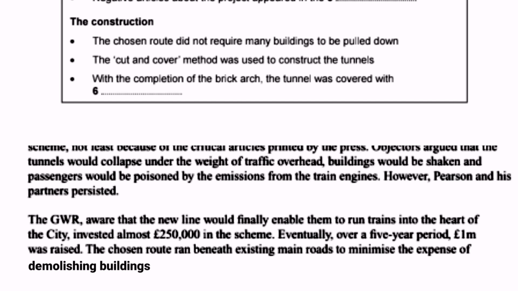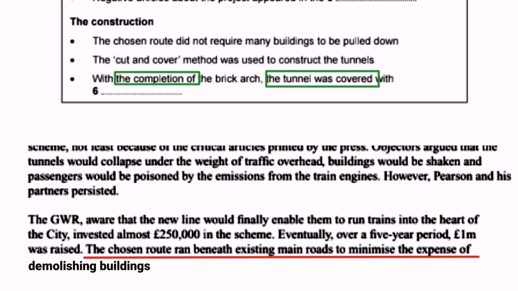Third point is with the completion of the brick arch, the tunnel was covered with question number 6 blank. Completion of brick arch and tunnel was covered are the keywords, and we have to find something that covers the tunnel, and our answer is definitely some material. In the reading passage 4, we can read in the third line.